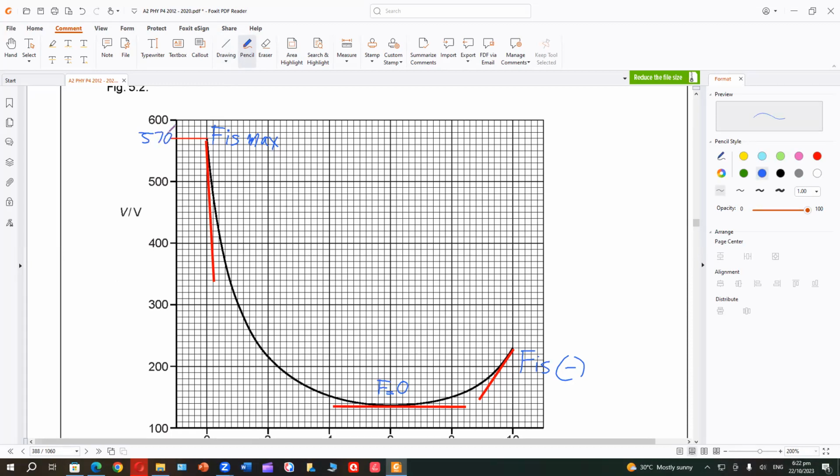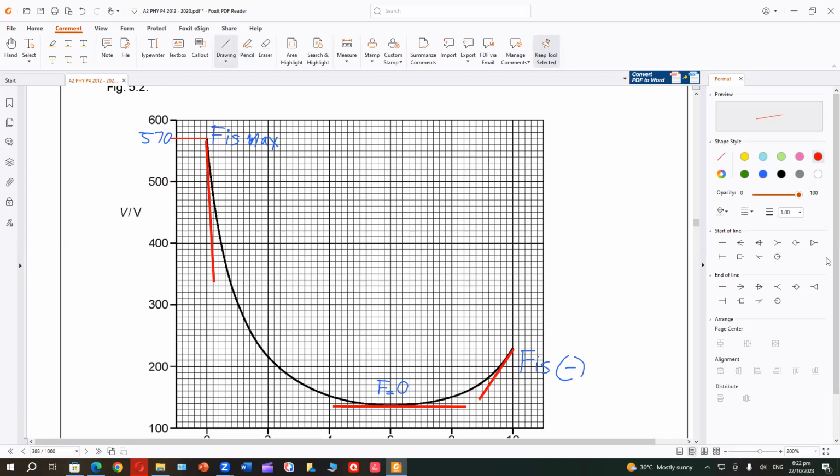Now I want to read the other line. I marked here.